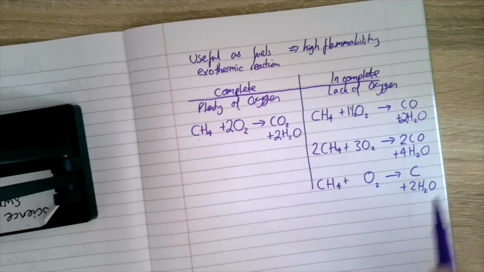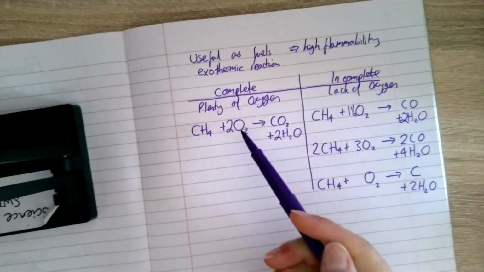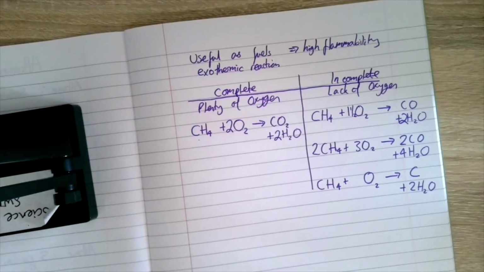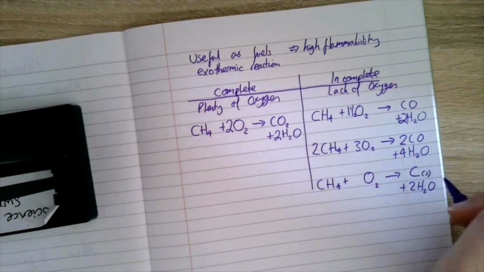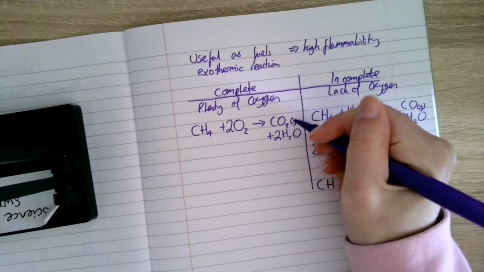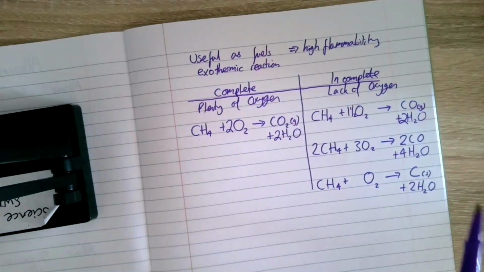So this one's all nicely balanced. But as you can see, the amount of oxygen that's being supplied is going to determine what our products of combustion are. This carbon is a solid soot, whereas carbon monoxide and carbon dioxide are gases.